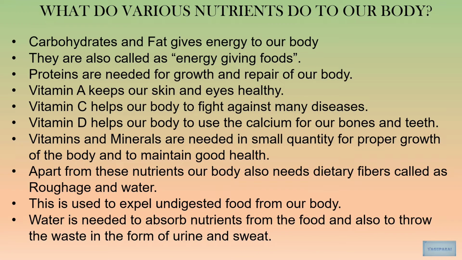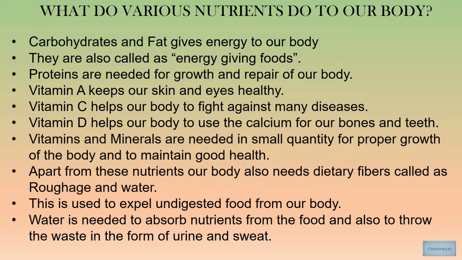Food that we eat can be categorized into two forms: energy giving food and growth giving food. Carbohydrates and fats are energy giving foods, while proteins are growth giving foods, and are also used for repair of our body. Vitamin A helps in keeping our skin and eyes healthy.